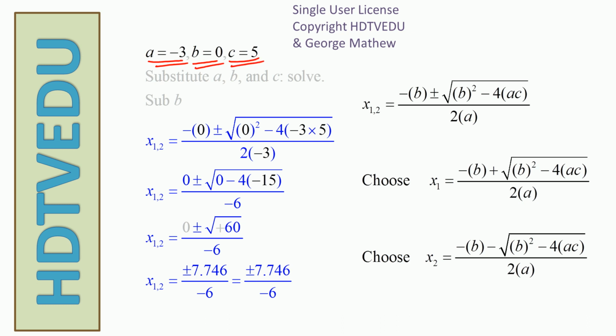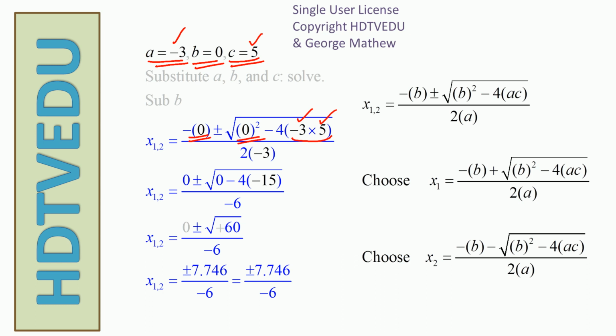So negative b, so substitute for b, negative 0, plus or minus the square root of b squared, 0 squared, minus 4ac. What is a? A is negative 3, and c is 5. What is negative 3 times 5? It is negative 15.